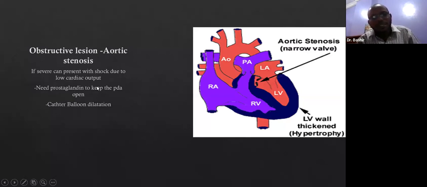In this case, it needs prostaglandin to keep the PDA open. We will give the prostaglandin to keep the PDA open, and the management after stabilization of the patient is by transcatheter balloon dilatation. And most children will respond to balloon dilatation. If not, they will go for surgery.